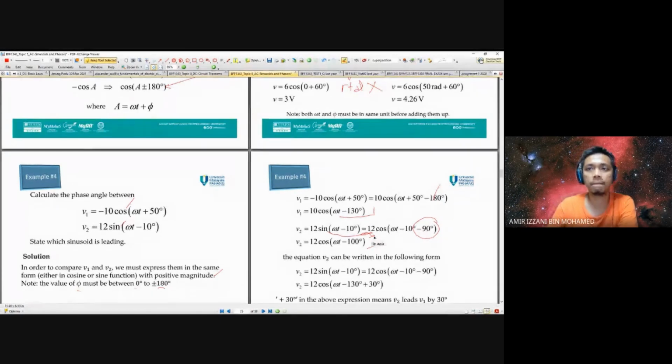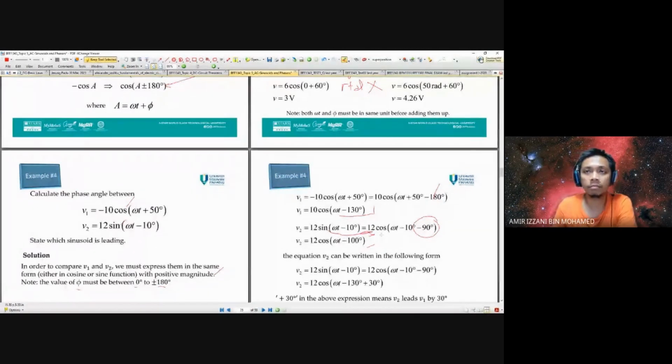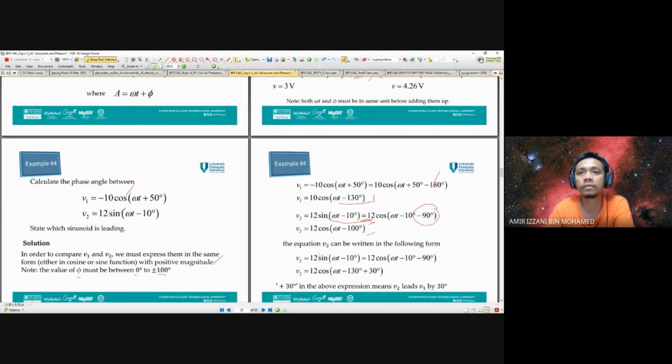So we can compare now the phase difference, this 130 and 100. So V2 equals 12 sine omega t minus 10 degree, equals 12 cos omega t minus 10 degree minus 90.